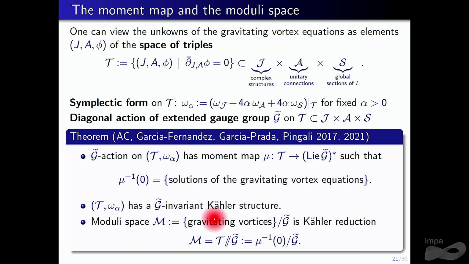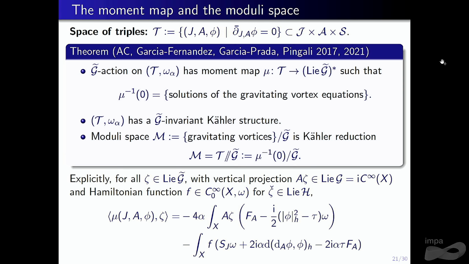And then this is, with more details, what I said at the beginning of this section. Okay? So the moduli space of gravitating vortices is this symplectic reduction. And the moment map is very explicit. It's kind of long, but you can write it. But I prefer not to explain everything here.